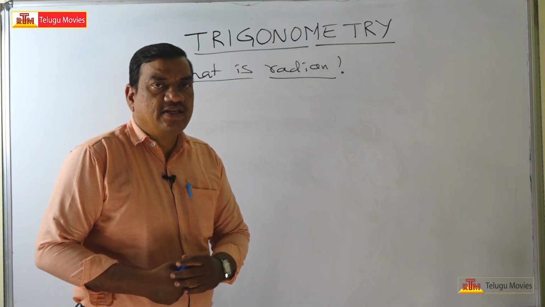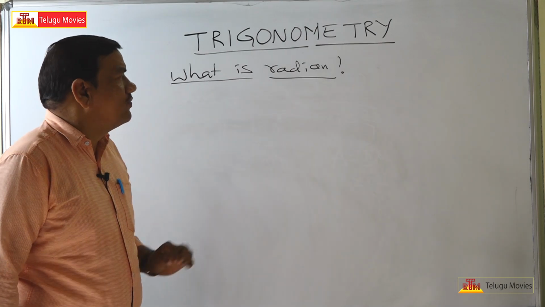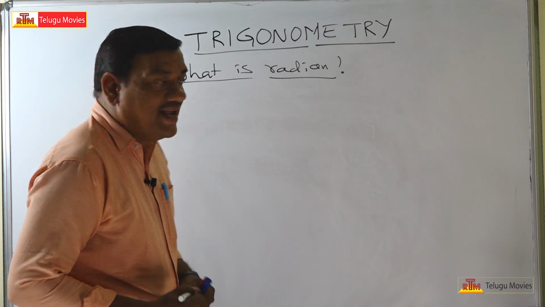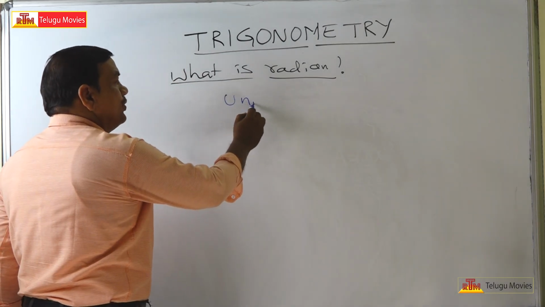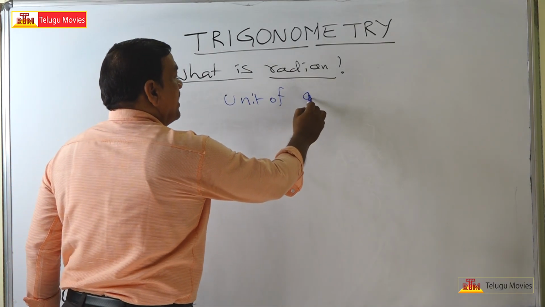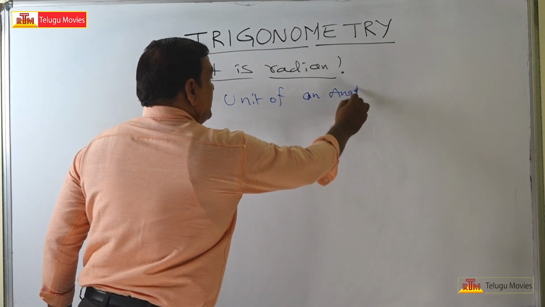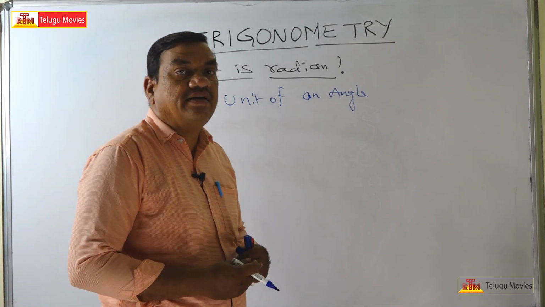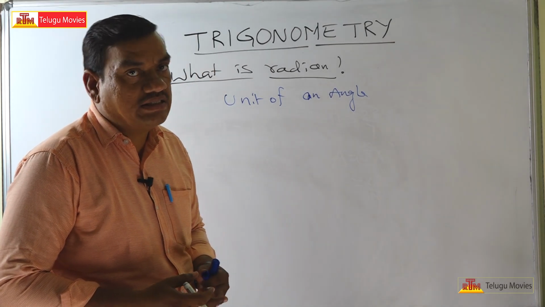So dear students, let us see what is a radian. First of all, radian is the unit of an angle. For example, distance we measure in kilometers, meters, millimeters.